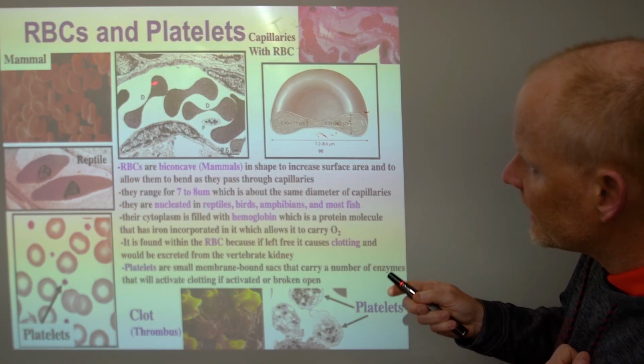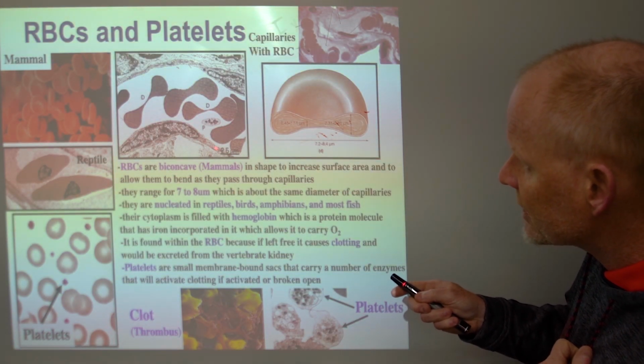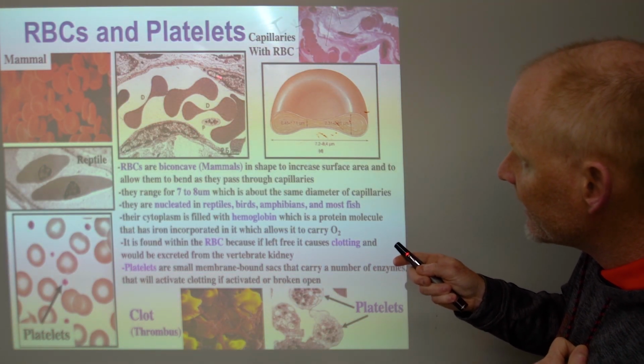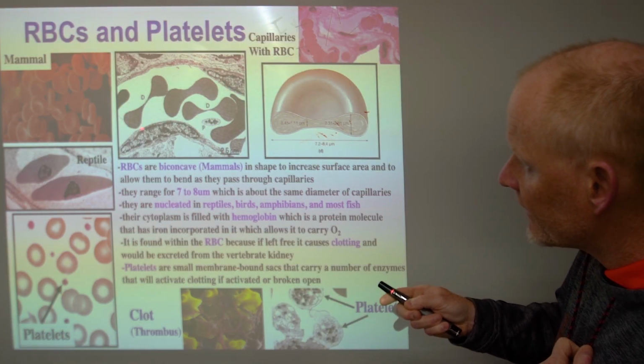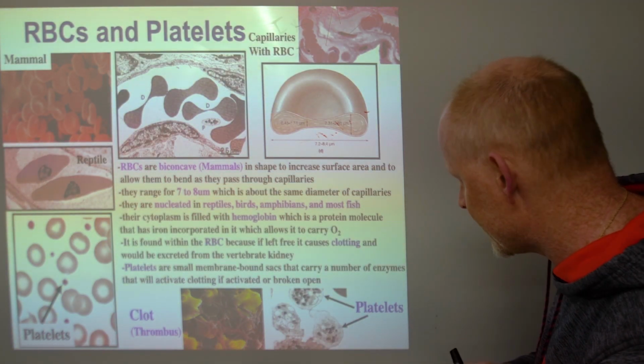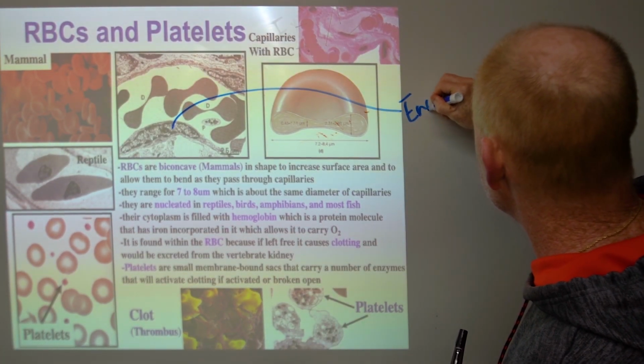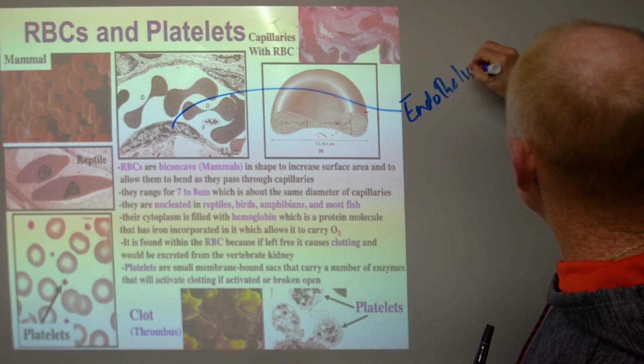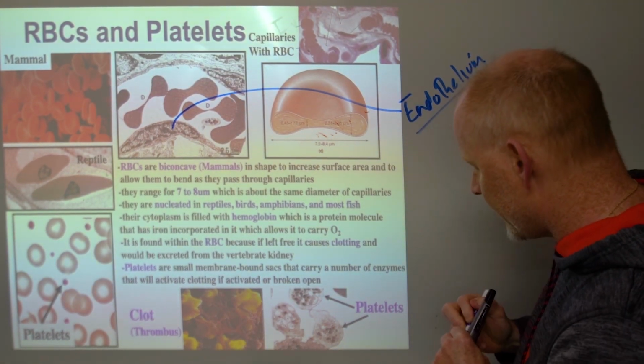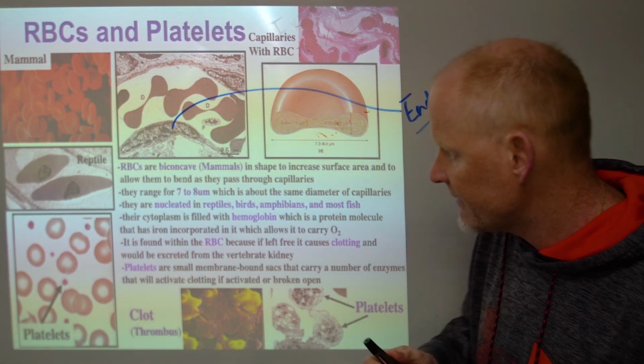In this nice electron micrograph up here, you can see the actual cells, the epithelium, that lines the entire cardiovascular system. And that epithelium is called endothelium. Endothelium is part of what we're going to call the tunica intima when we get to the blood vessels.